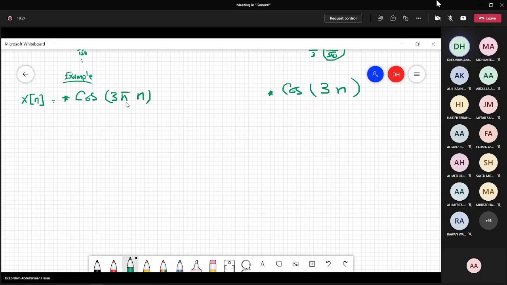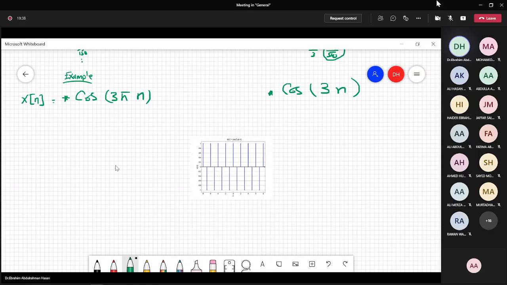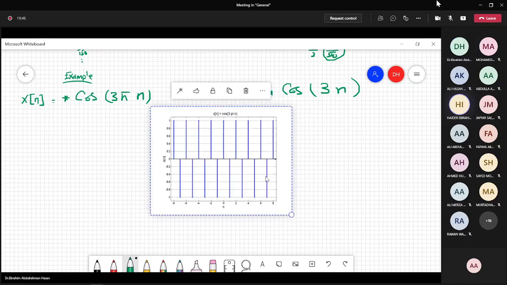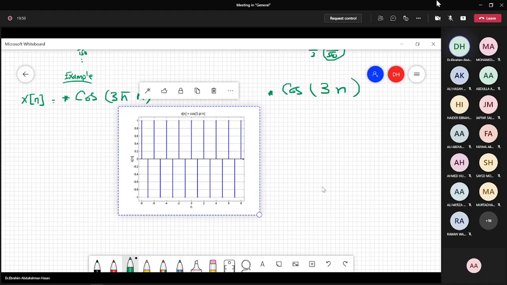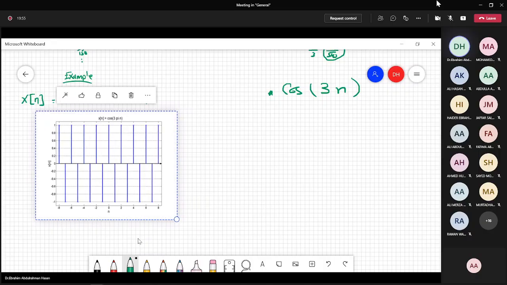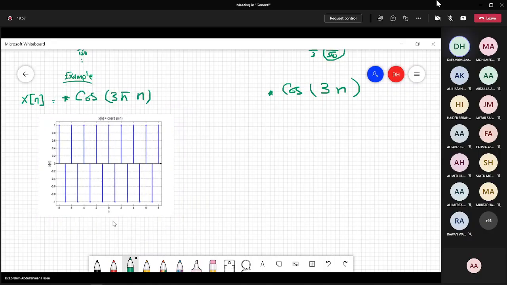At 2, it is 6 pi, so it is 1. At 3, it is cosine 9 pi, which is equal to -1. So you try to sketch this one. You will get this. So then this is periodic.